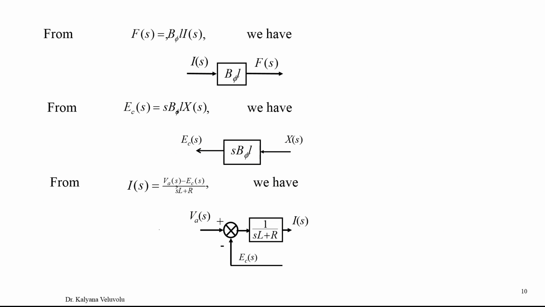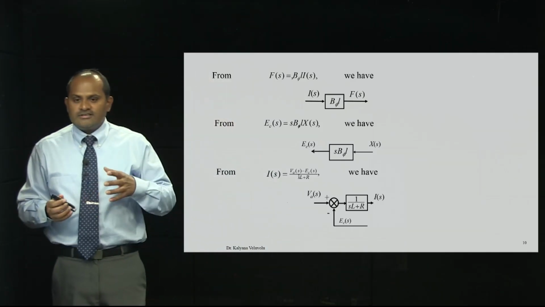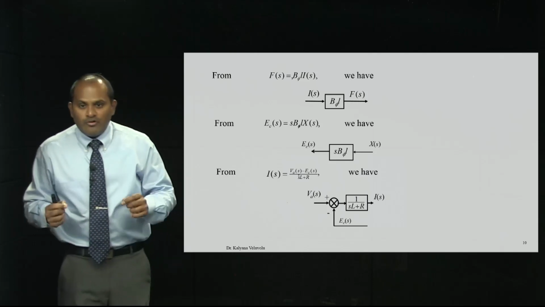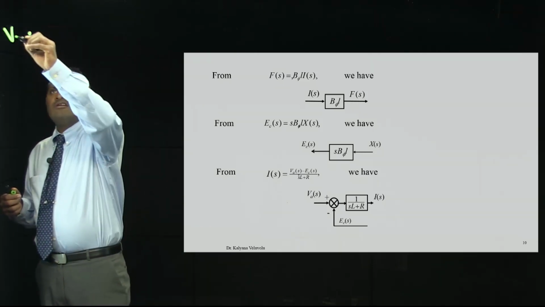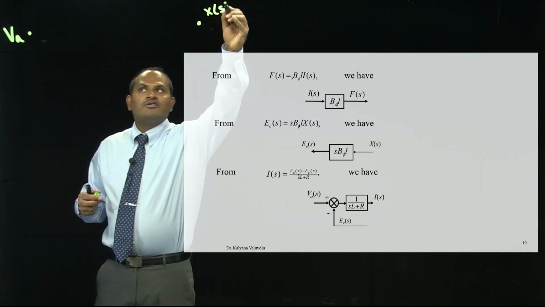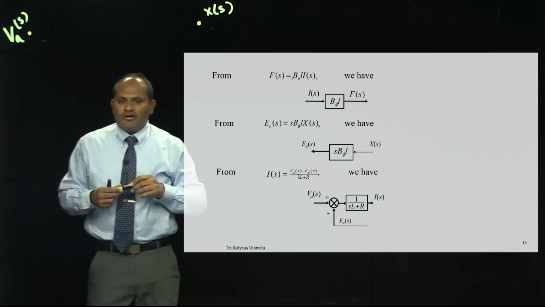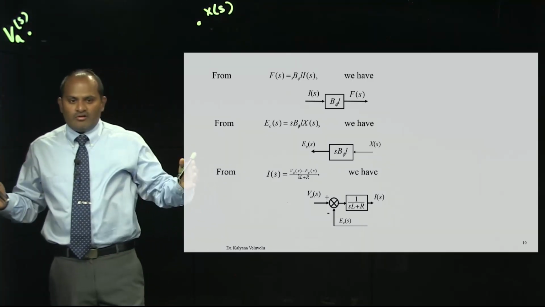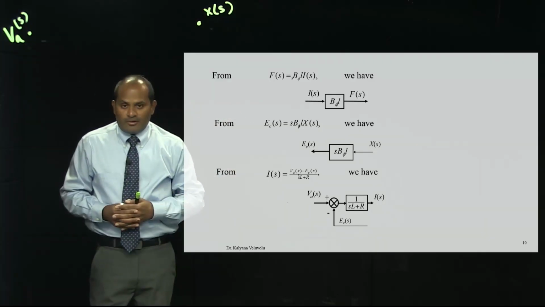Now the most important aspect, if you look here, is identifying the input and the output. The primary input here is Va and the output here is x of s. So we are trying to connect these two, and when you are trying to draw the block diagram and you have all the individual parts, this is a very difficult part.